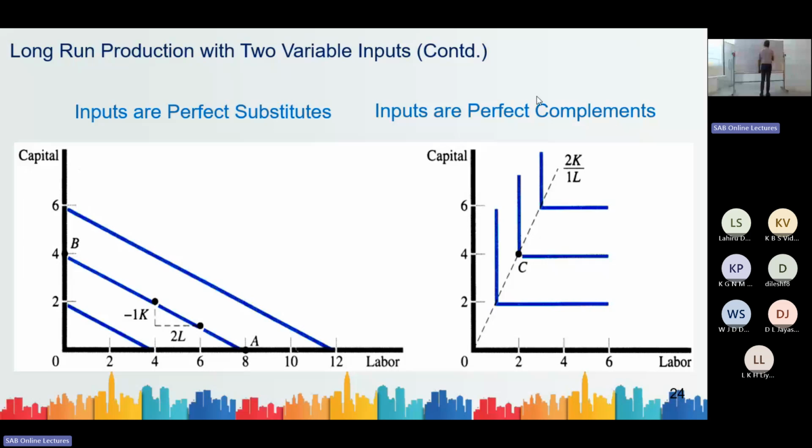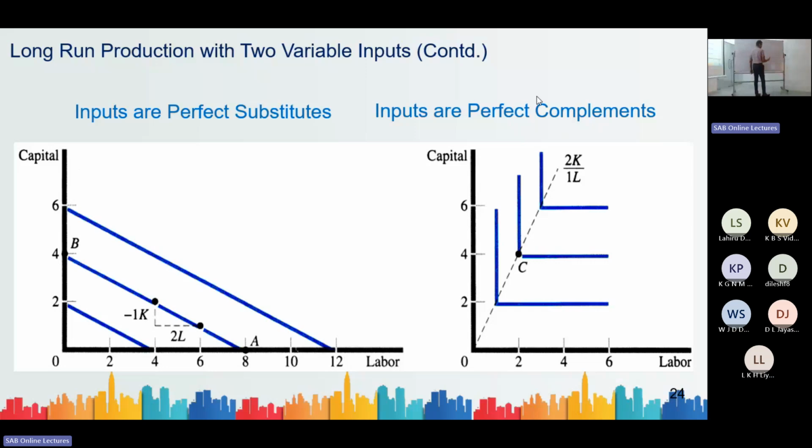To produce 1 kilogram, they use 300 grams of X and 700 grams of Y. To produce 2 kilograms, they have to use 600 grams of X and 1400 grams of Y. To produce 3 kilograms of tablets, they have to use 900 grams of X and 2100 grams of Y.